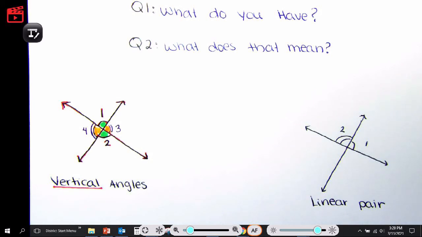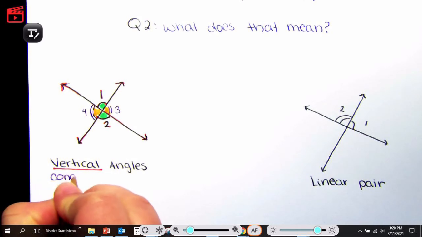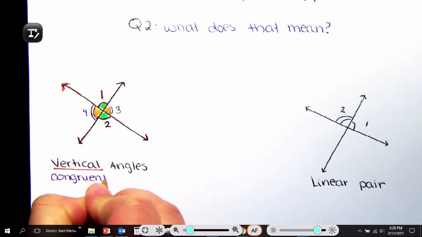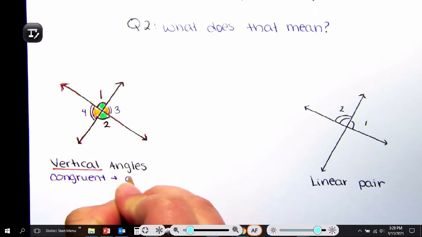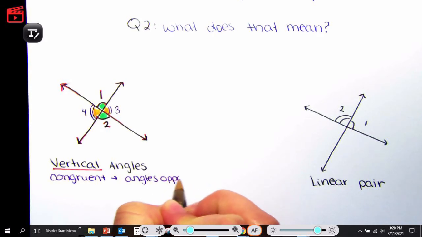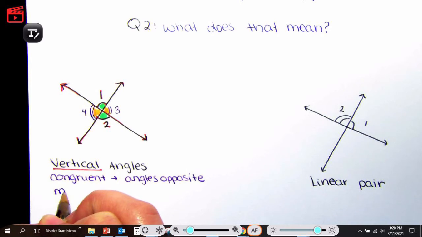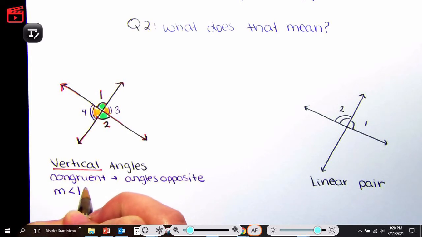So how would you write this down? So vertical angles are congruent, and those are angles opposite each other. So we have the measure of angle 1, congruent.